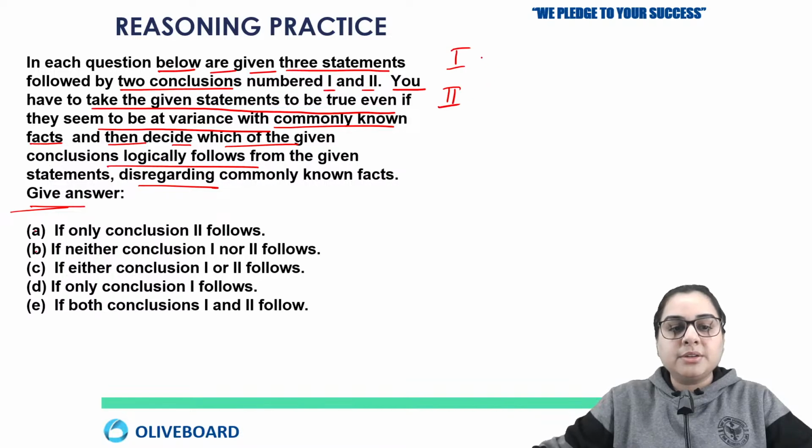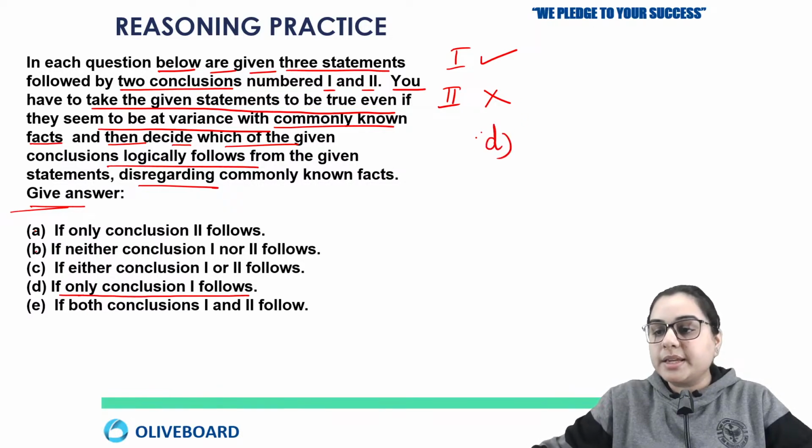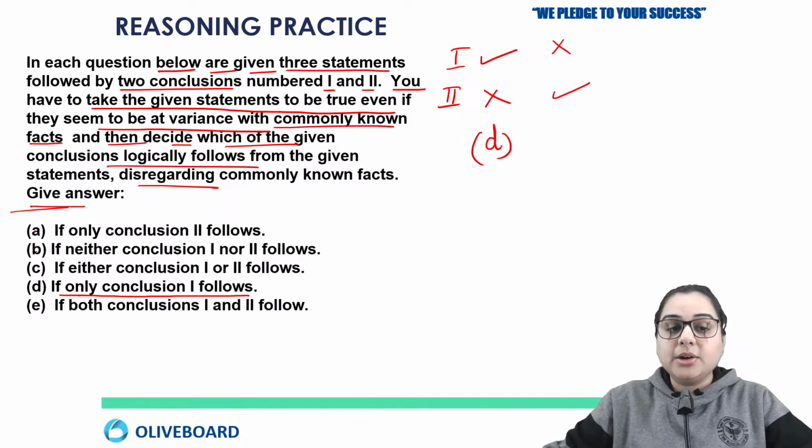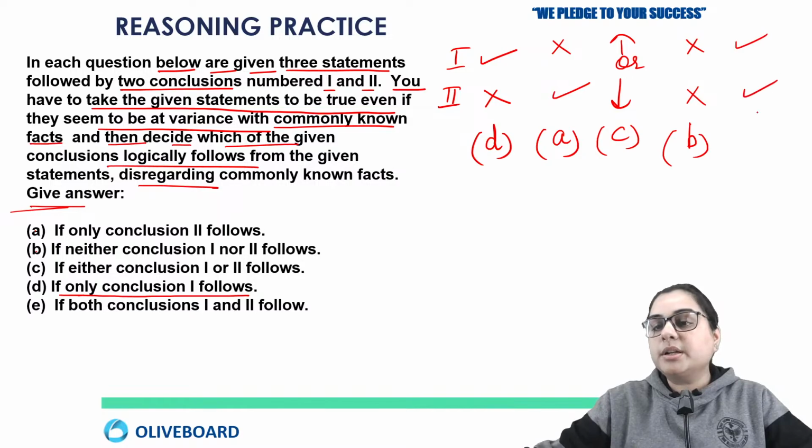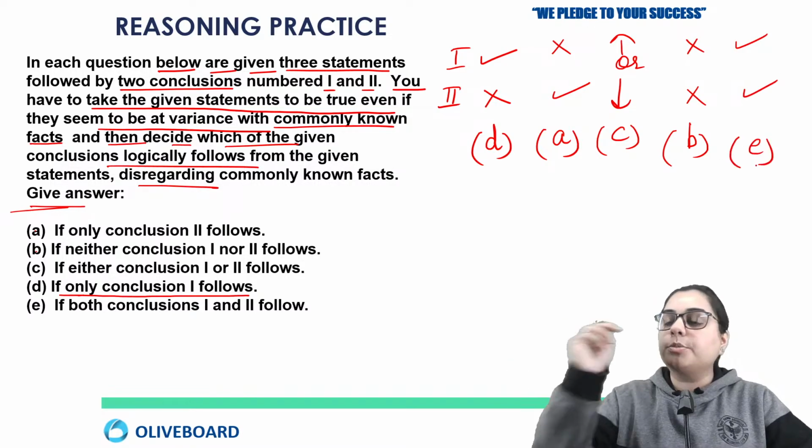If the first conclusion is correct and the second is wrong, you are going to mark option number D. If the first is wrong and the second is correct, then your answer will be option number A. If it is either-or between these two conclusions, then it will be option number C. If both are wrong, then it will be option number B. And when both of them are correct individually, then your answer will be option number E.